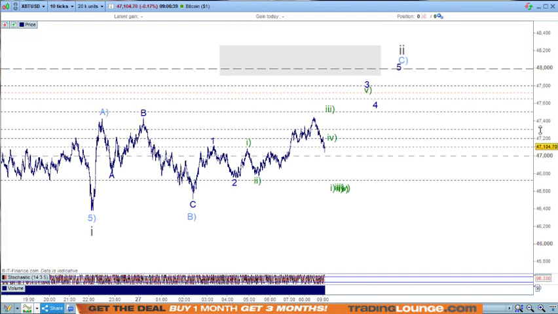From the low here, we've got an impulse wave up through here, so we could call that wave A, and then an A and a B wave in here, and a C wave here. You could probably count that a bit differently, but an A and a B, and then building to the upside over here. So I was thinking 1 and 2 and 1 and 2, and then 1 and 2 here, and this would be 1 and 2 and 3 and 4 and 5.